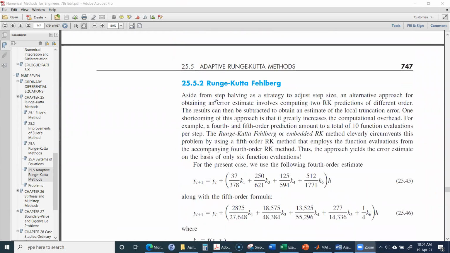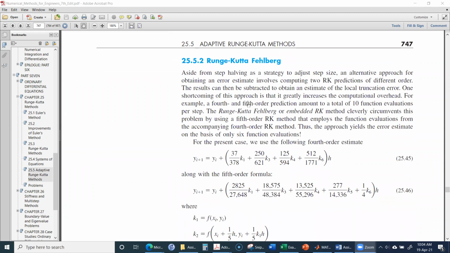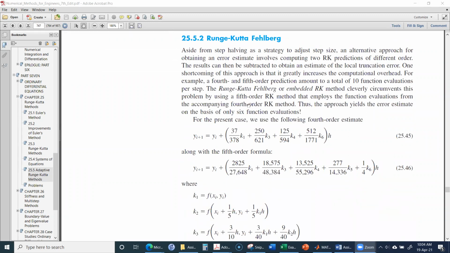In the other approach, called the Runge-Kutta-Fehlberg method, we use a modified fifth order Runge-Kutta method to find the fourth as well as fifth order values.